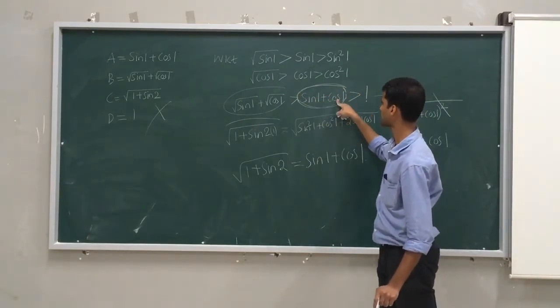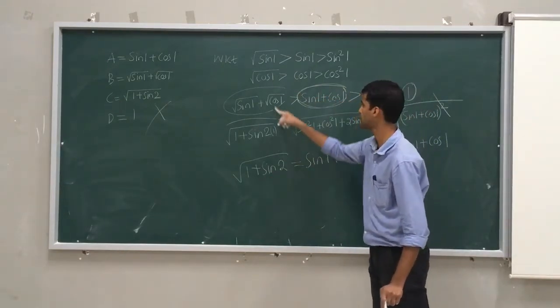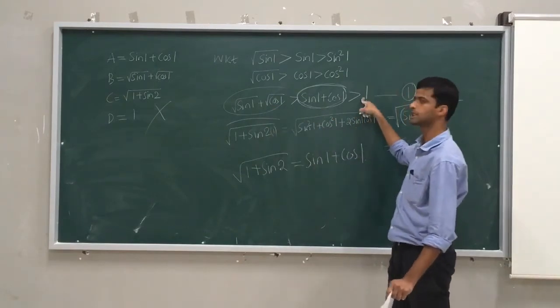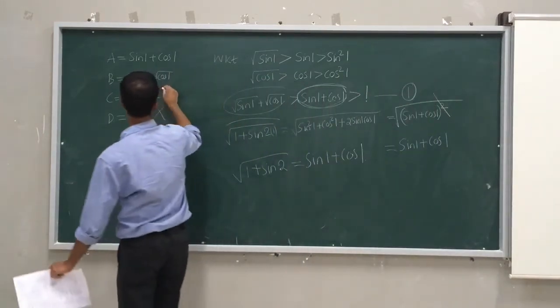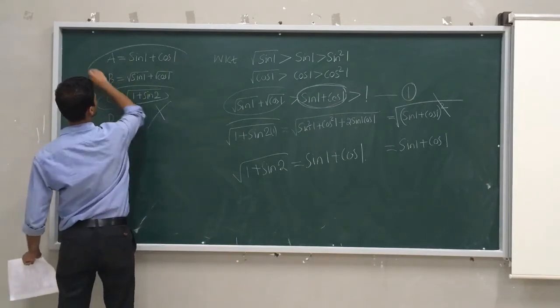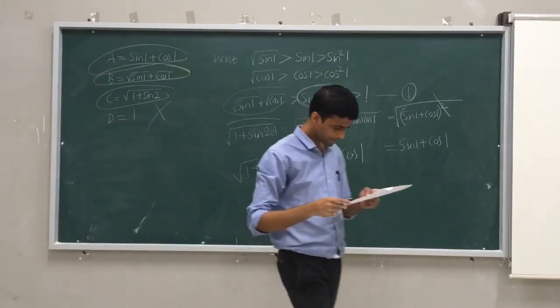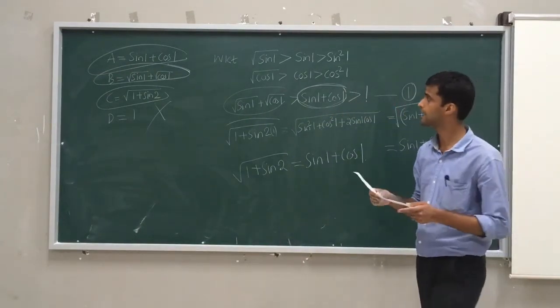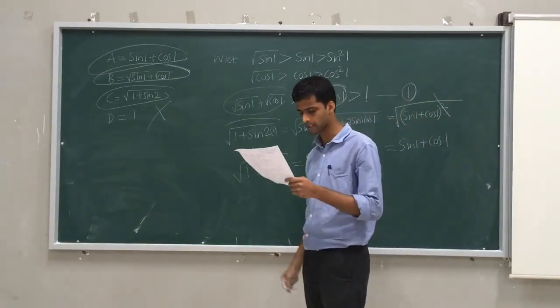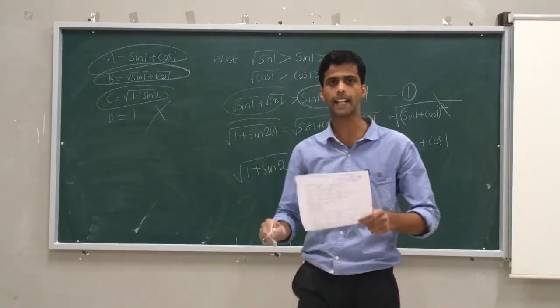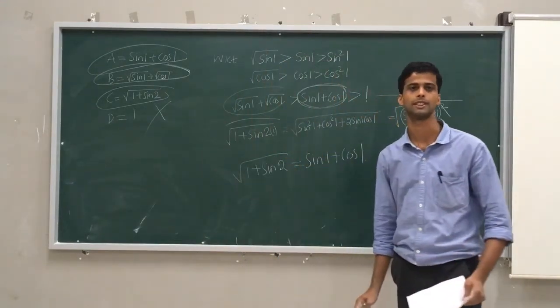This sin 1 plus cos 1 is the same as root of 1 plus sin 2. And here this is greatest now, because 1 is ruled out. Root of 1 plus sin 2 is the same as sin 1 plus cos 1. He is dominant. Therefore option B, that is root sin 1 plus root cos 1, is biggest among these expressions.